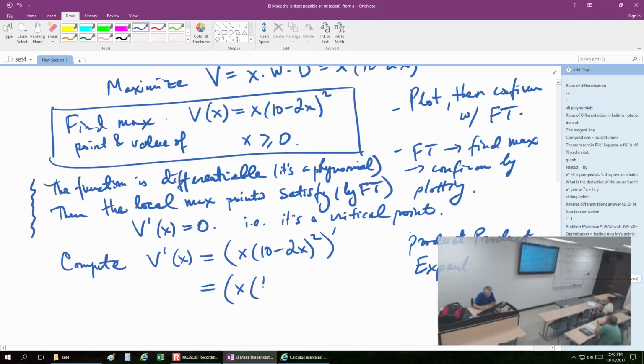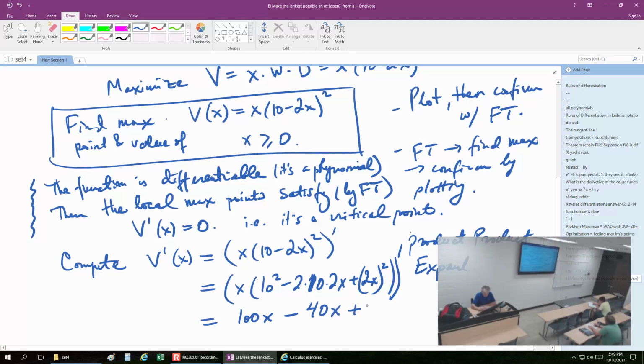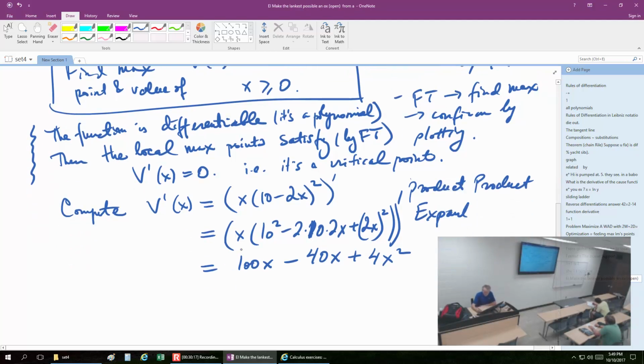So x times, I expand this, 10 squared minus 2 times 2 times 10 times x plus 4x squared, prime. Okay, so what I'm ending up with is 100x minus, what do I have here, 40x squared, and plus 4x cubed, and then prime.